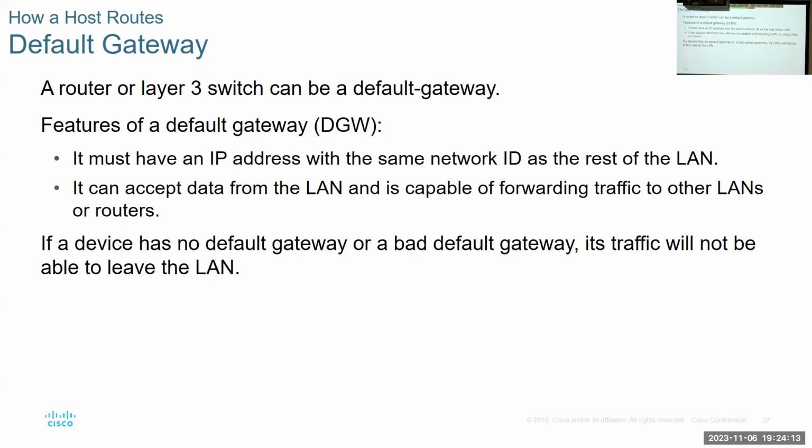Basically, if it knows it has to send the packet to an intermediate device to get it to its destination, and there's no default gateway configured, then it gives you some weird error like transmit error.